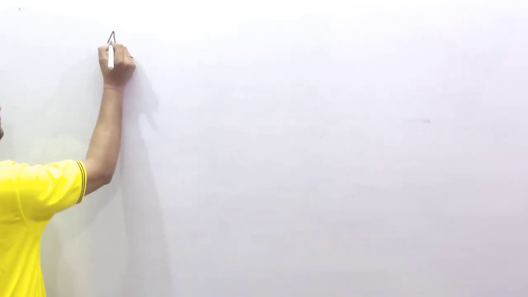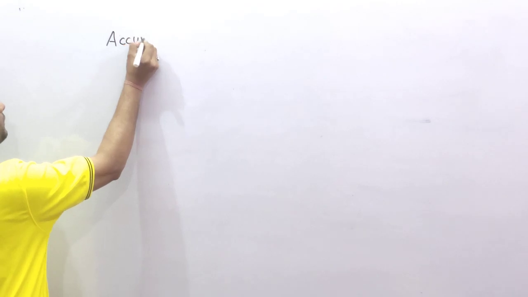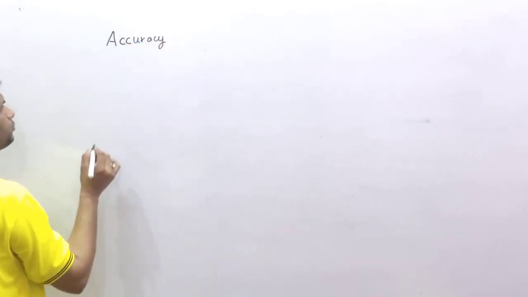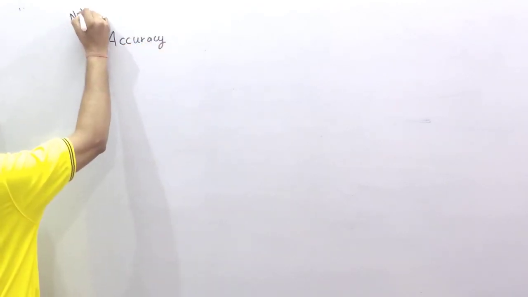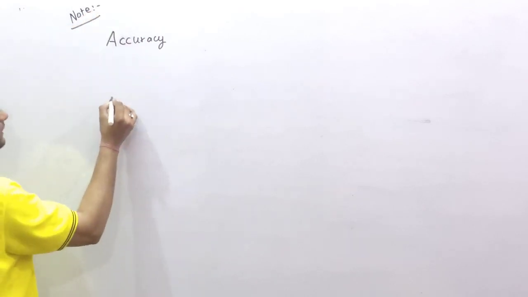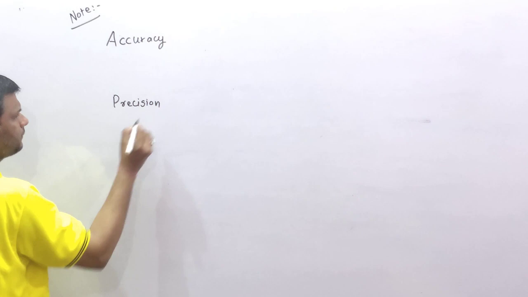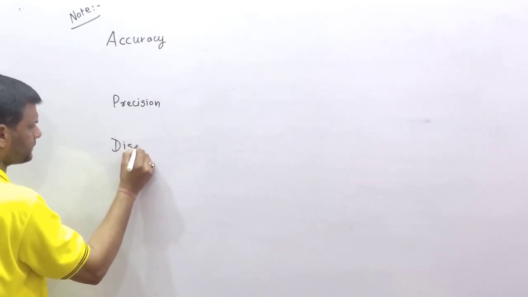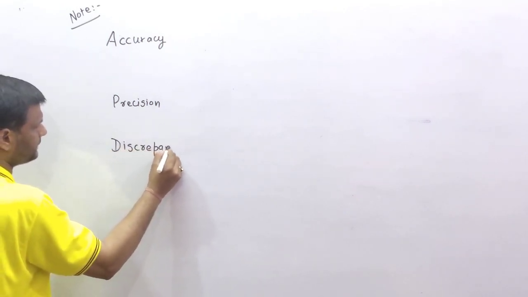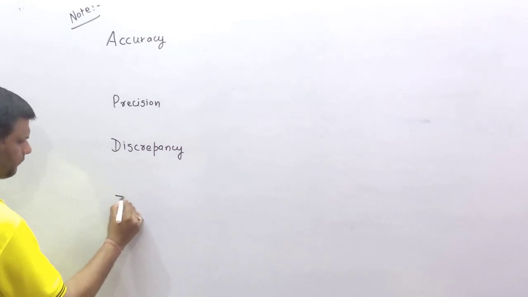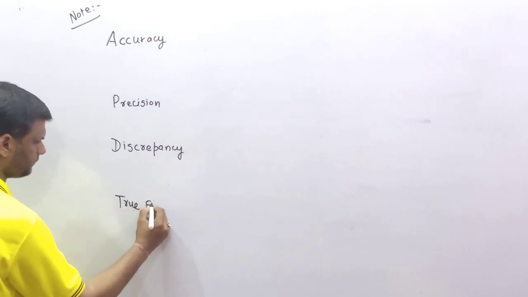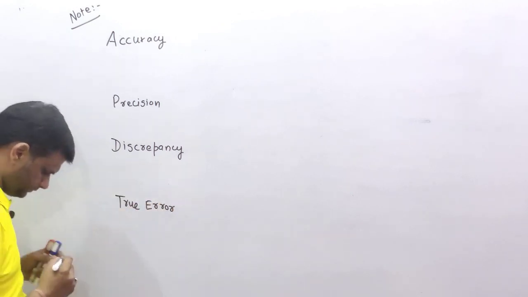Three important terms are there. One is called accuracy, second one is called precision, third one is called discrepancy, and fourth one is called true error.